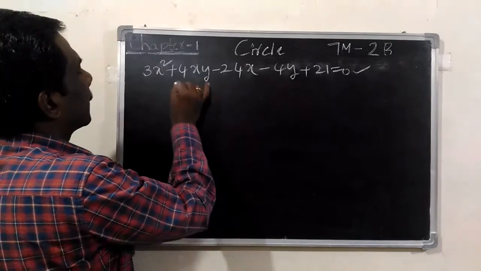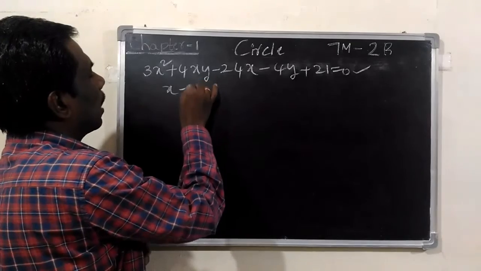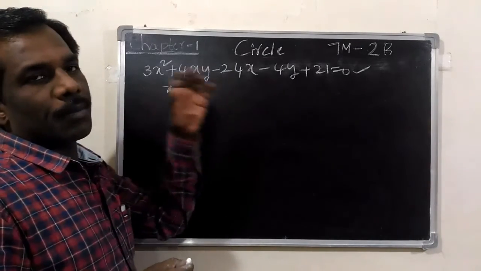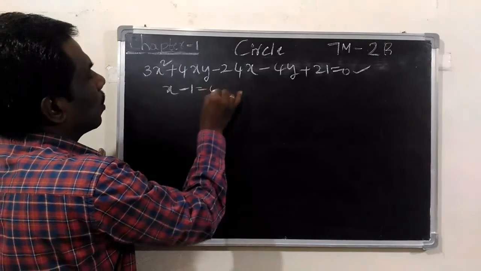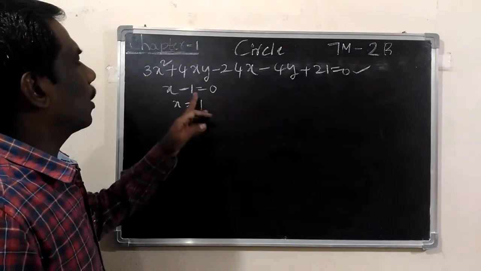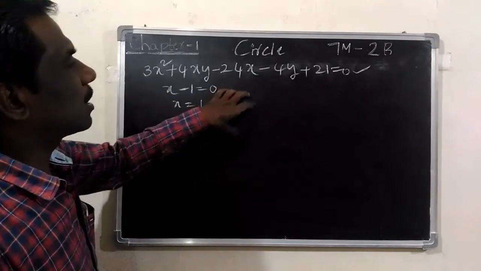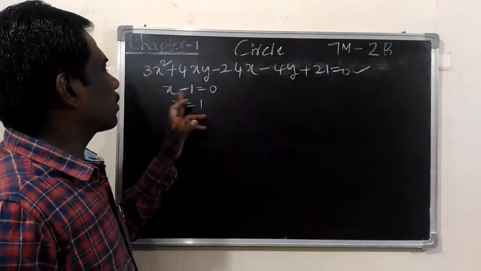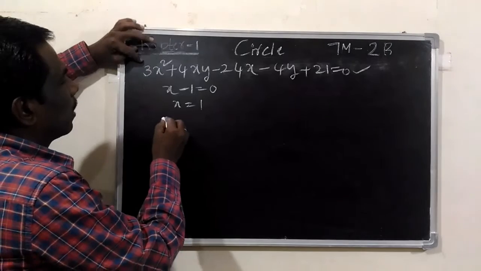So I am assuming x minus 1 as one of the factors. It is a trial and error method. If x minus 1 equal to 0, then x is equal to what? 1. Now I am going to substitute x is 1 in this equation. If it is equal to 0, then we can confirm that x minus 1 is a factor of this. Okay, let us find out.